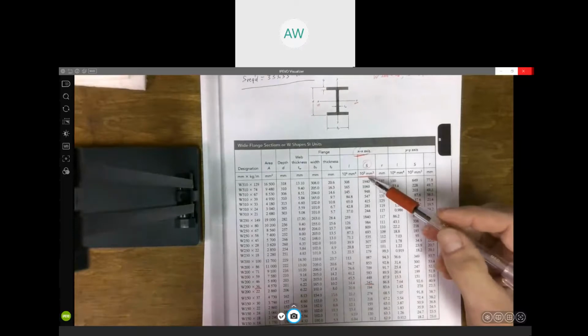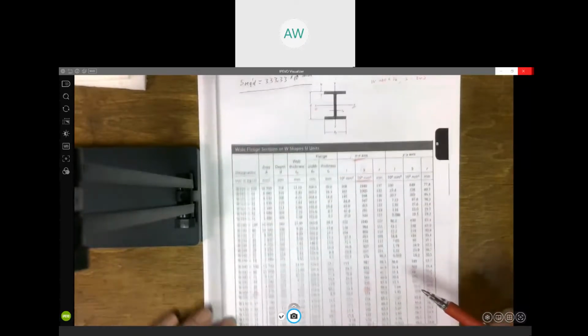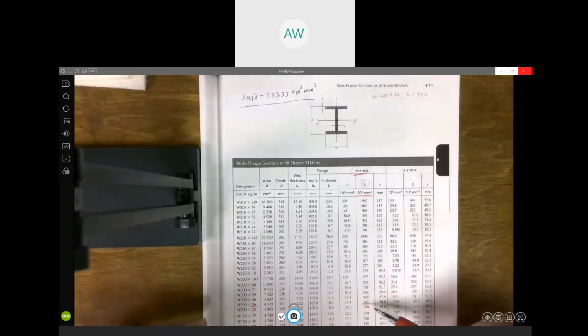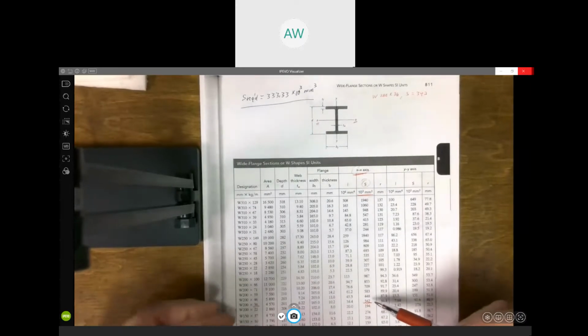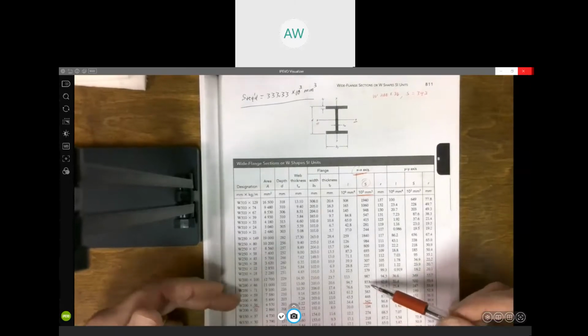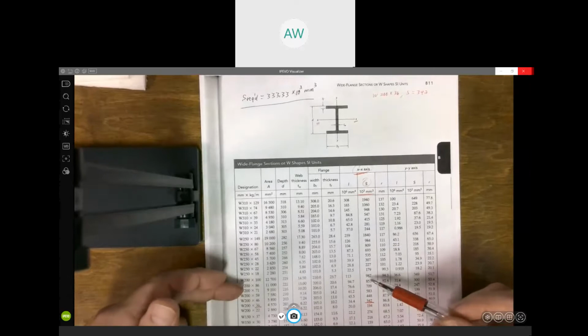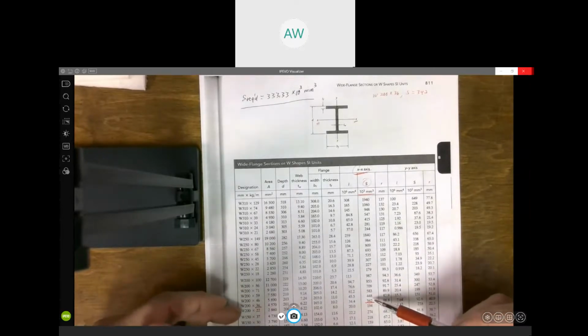It's 10 to the third, but we're looking at those numbers. So that one would work, right? It's strong enough. And this is the other number we've got to pay attention to, 36. That's kilograms per meter. We want the lightest one, right? So now if you notice in the W200s, everything above that is strong enough, but it's also heavier, right? So that's the lightest W200 that would work.